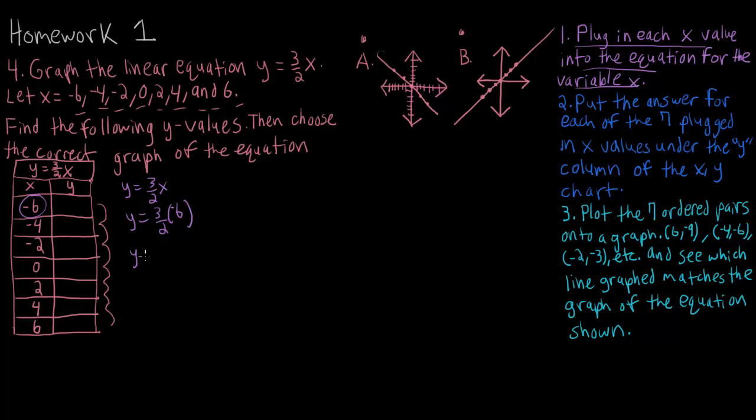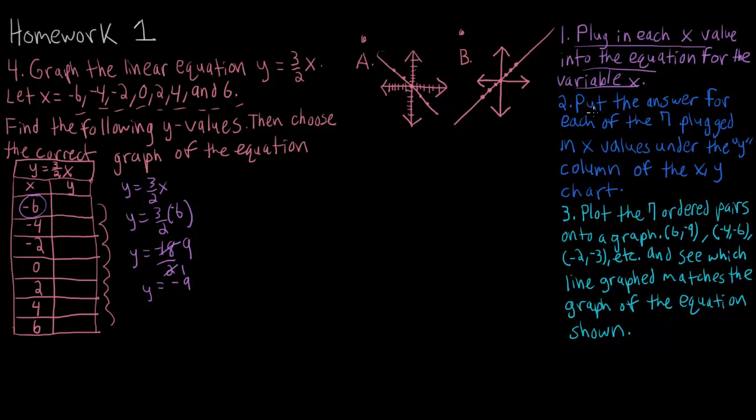You're going to get y equals -18 over 2. If we simplify that, 2 goes into itself 1, 2 goes into -18 9 times, so you end up with y equals -9.